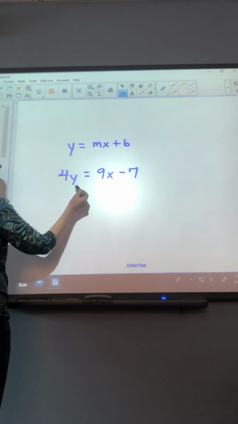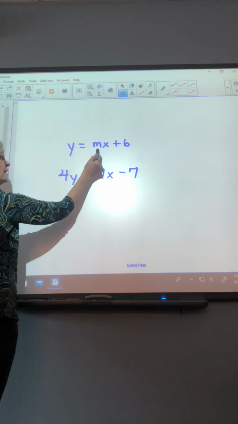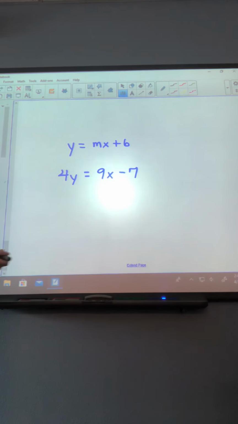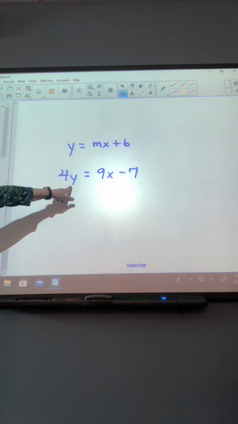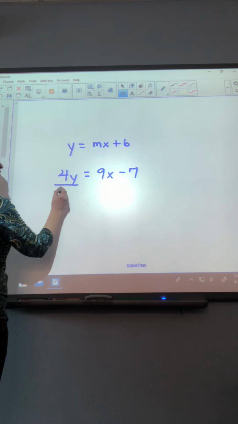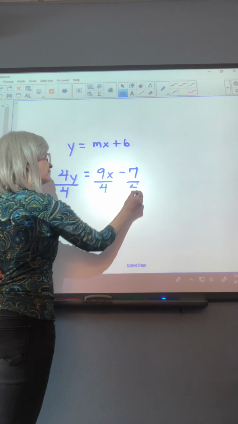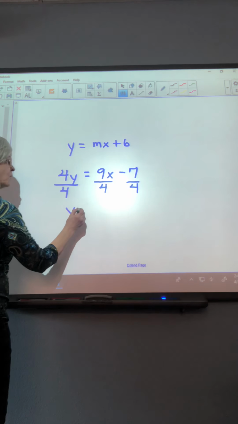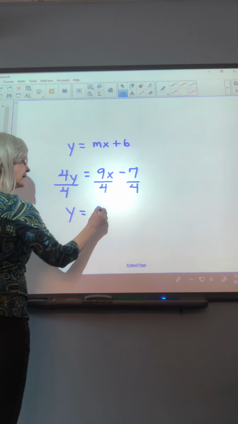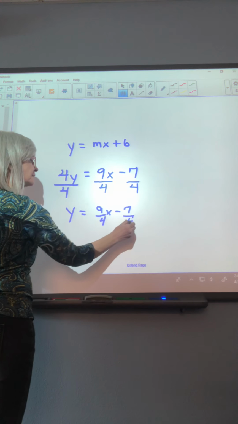Obviously there's not a b or an m here, and so the m is going to be the slope and the b will be some number. But we have to rearrange it so that we have the y all by itself. To do that, we would just divide by 4, which means we need to divide everything by 4. So we've got y is equal to 9/4 x minus 7/4.